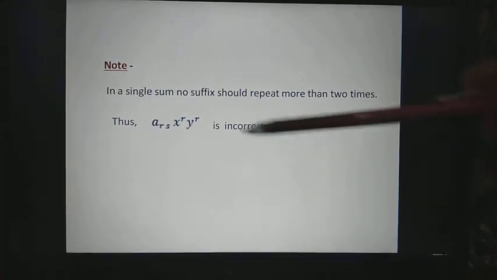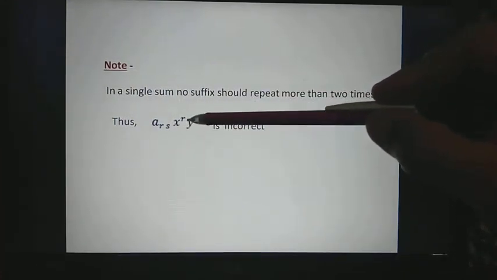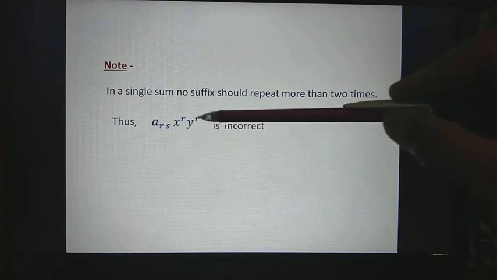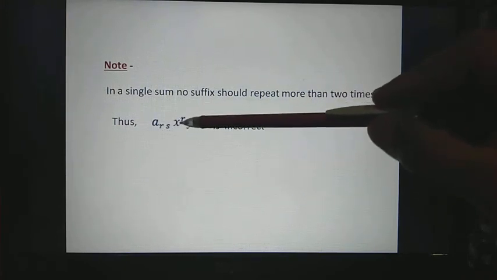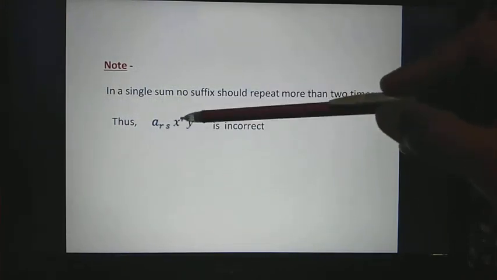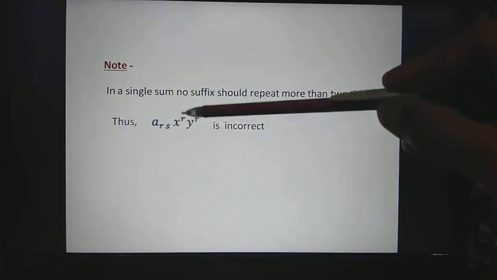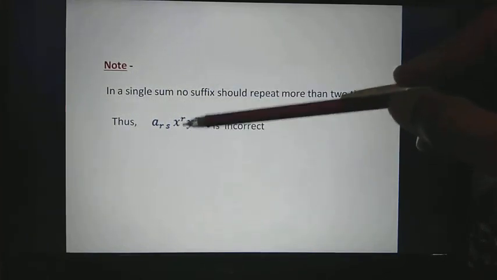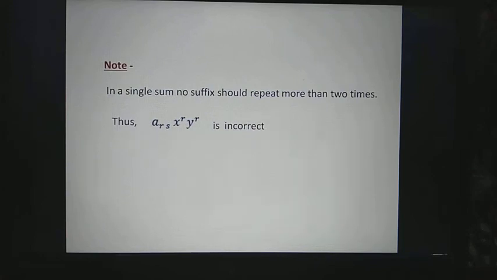So in a single sum there should not be such a situation where some suffix is repeated more than 2 times. So r is repeated thrice and therefore this expression ars xr yr is incorrect.